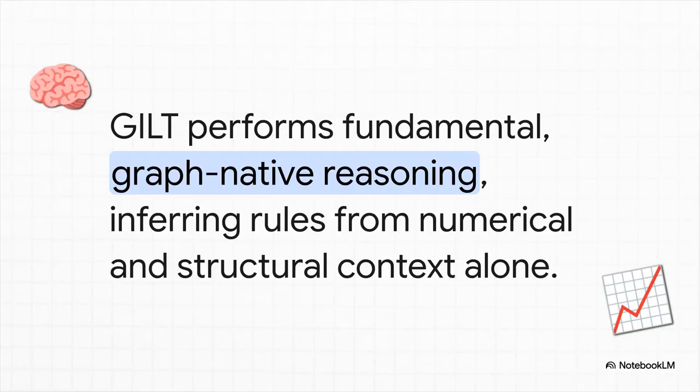So what's the big takeaway here? It's actually pretty profound. GILT is doing something fundamentally different. It's not translating everything into human language and then trying to reason about it. It's performing what you could call graph-native reasoning. It's figuring out the rules of the game directly from the numbers and the structure of the network itself. It's not just parroting human knowledge, it's actually inferring the logic of the system on its own.